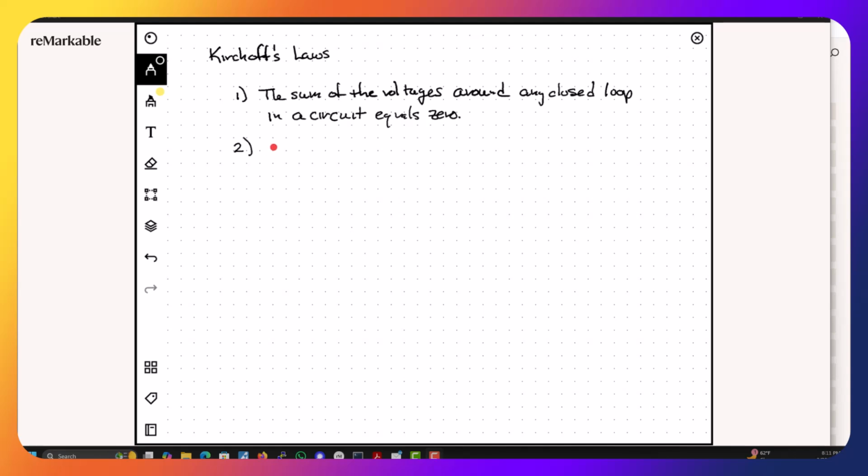is that the net flow of current into a junction is equal to the net flow of current out of a junction.